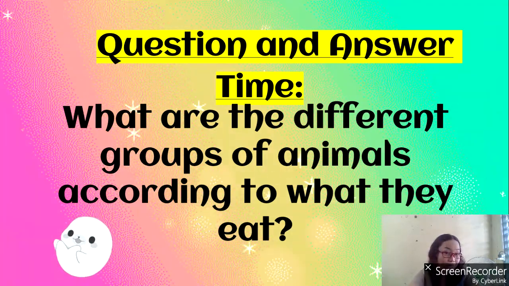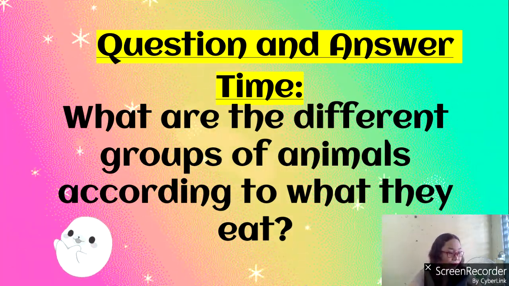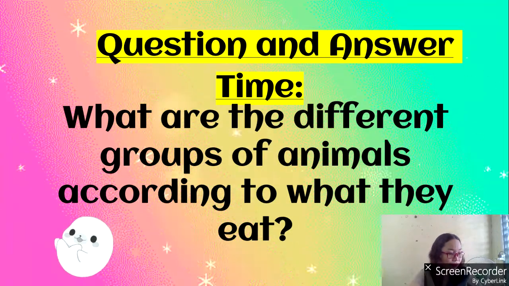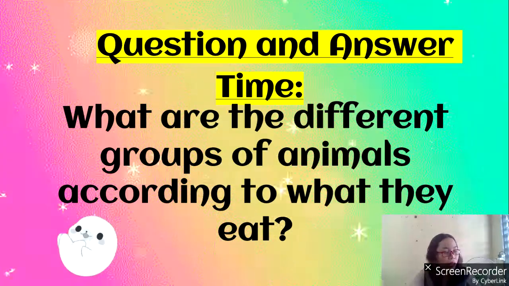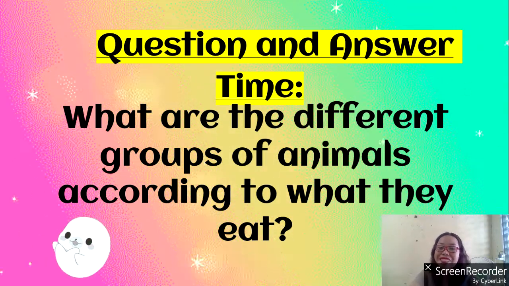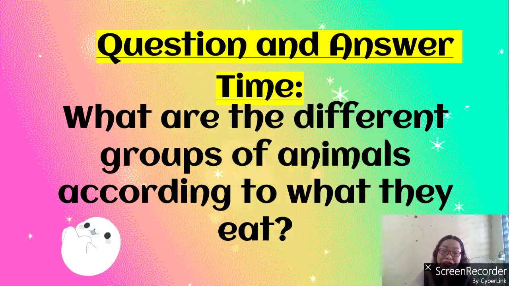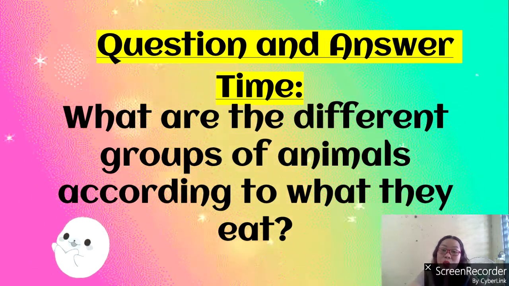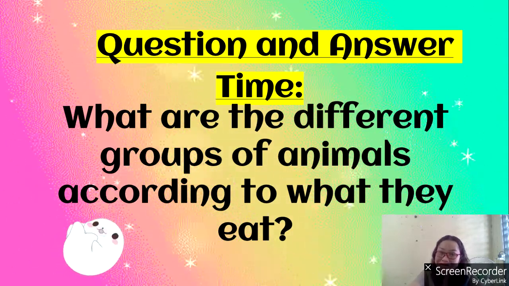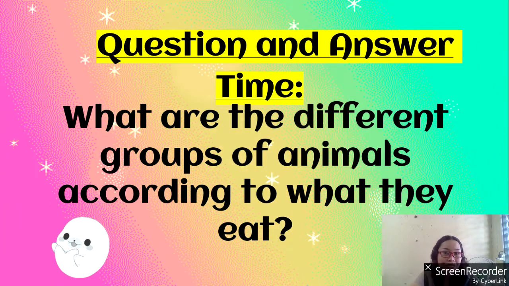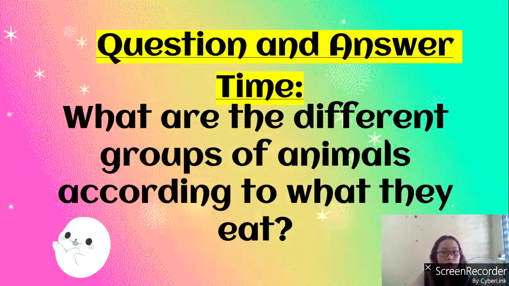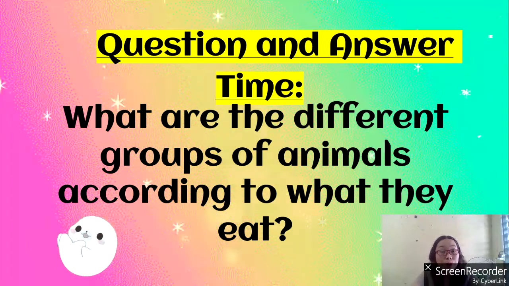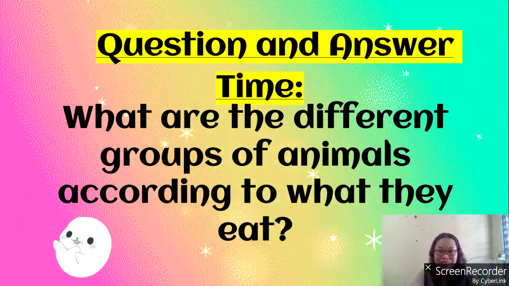Try to remember that. The three groups of animals according to the food they eat are herbivores, which are animals that eat only plants; carnivores, which are meat eaters or eat small animals; and omnivores, which eat both plants and animals.